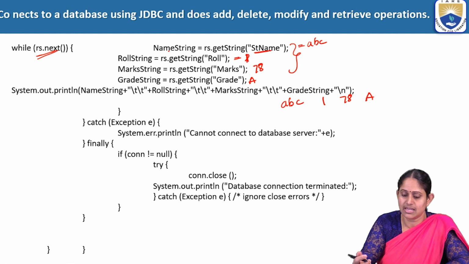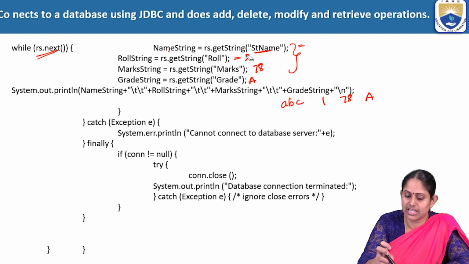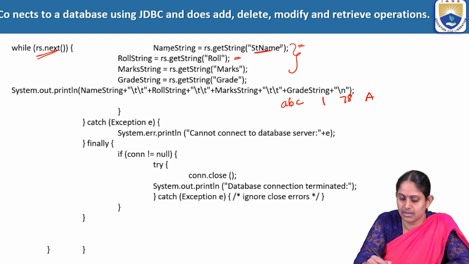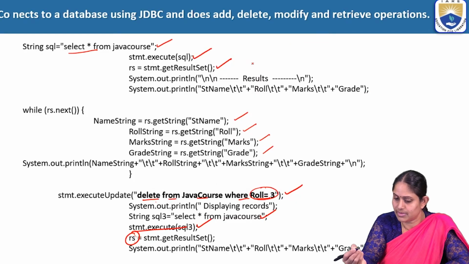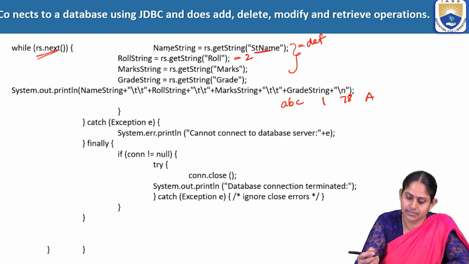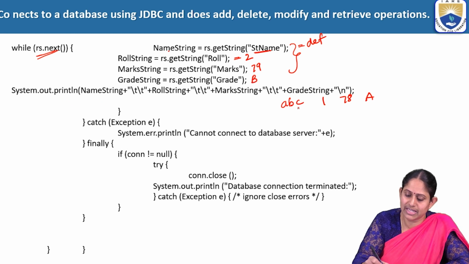The next line will take these values: name will be DEF, roll will be 2, marks will be 79, and grade will be B. So we will get this as output: DEF, 2, 79, B.